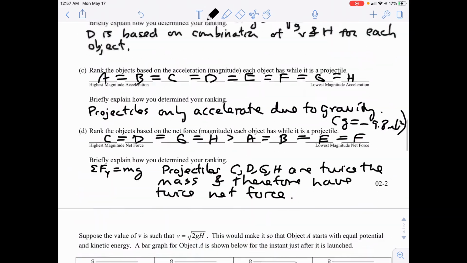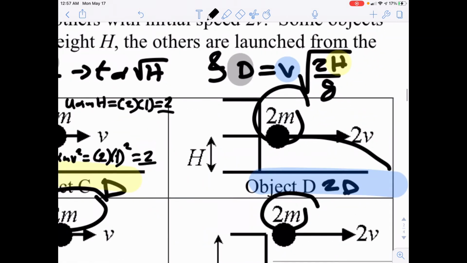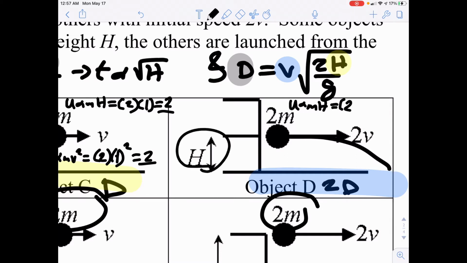Let's look at object D. Potential energy is proportional to mh. So that would be 2 mass units, 1 height unit for a potential energy of 2. The kinetic energy is proportional to mv squared, so that would be proportional to 2 mass units and 2 velocity units.